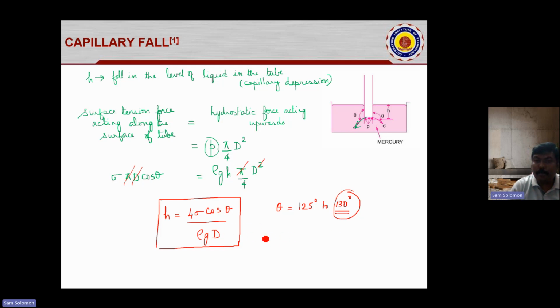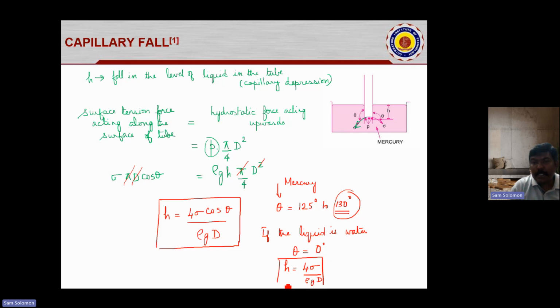But if the liquid is water, you can take the value of theta as 0 degrees. So cos 0 is going to be 1, and then you will have simply 4 sigma divided by rho g d.